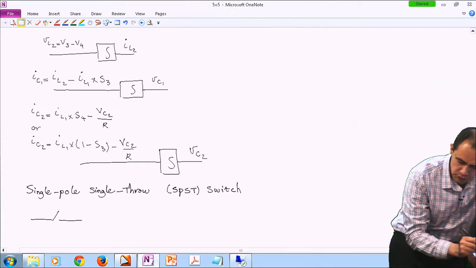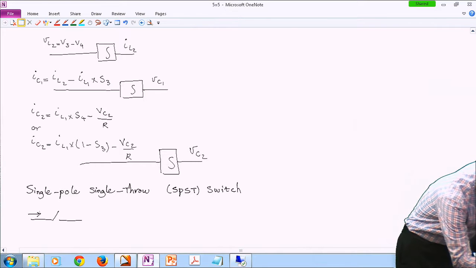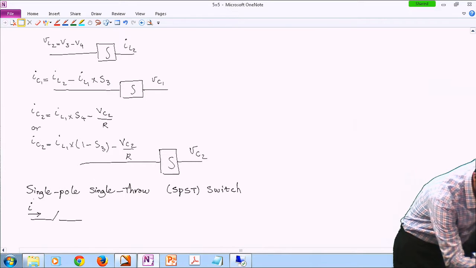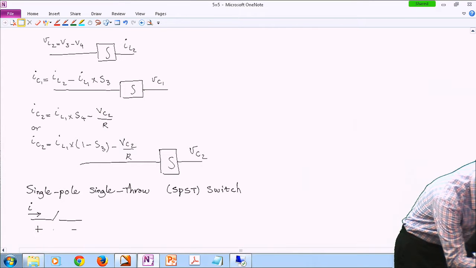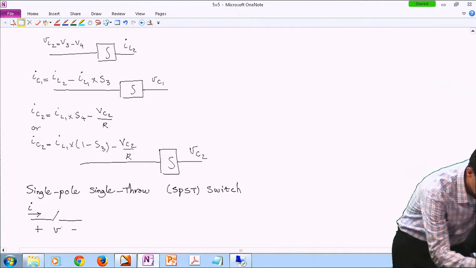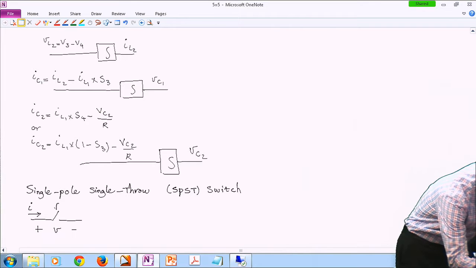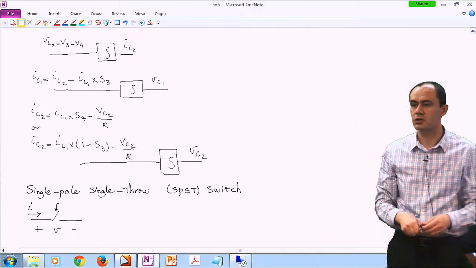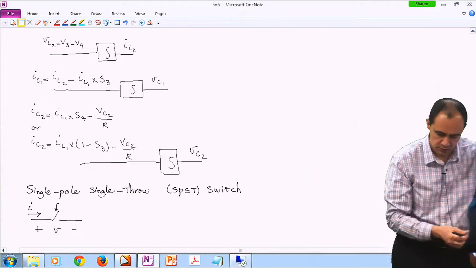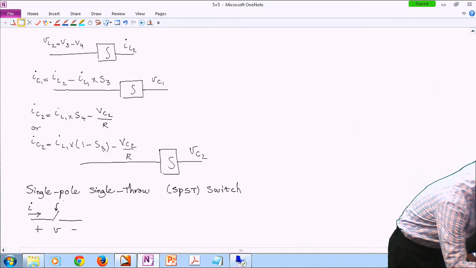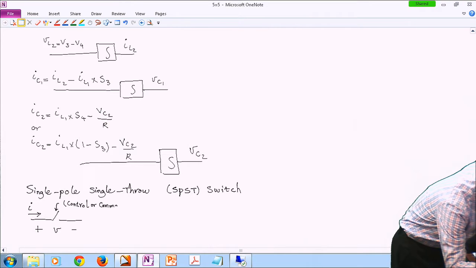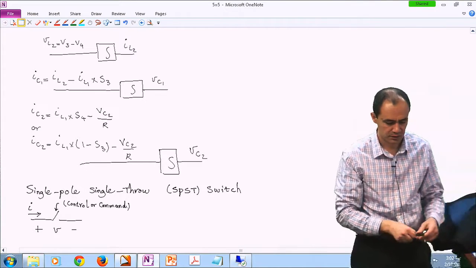So this is your switch. Your switch has a current of I, and again, passive sign convention is observed, a voltage of V. And also you have some sort of a control. Like your finger when you're turning the light on and off is the control basically. So control or command.